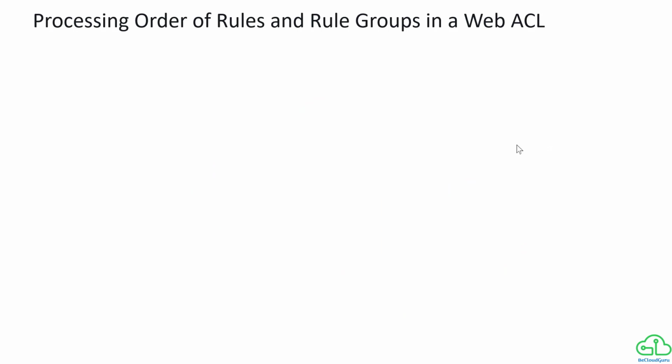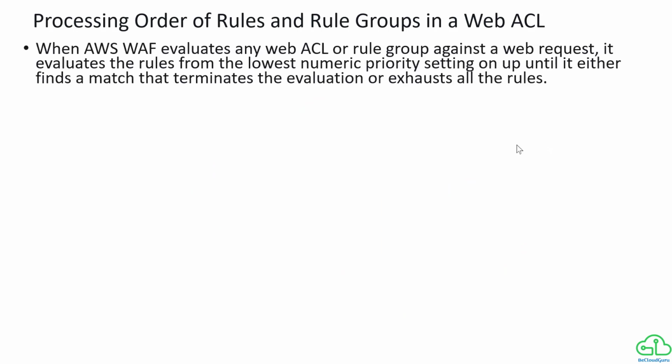Now let's talk about the processing order of rules and rule groups in a Web ACL. When you start using AWS WAF and any traffic reaches WAF, evaluation happens in the Web ACL or the rule groups against the web request.